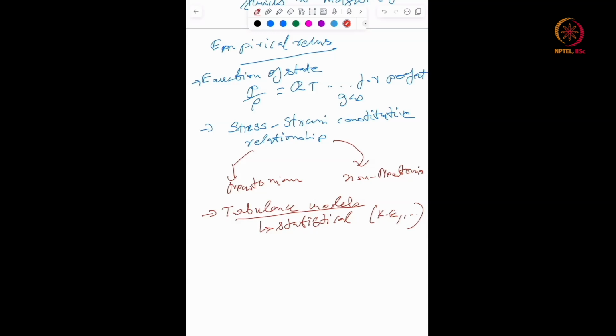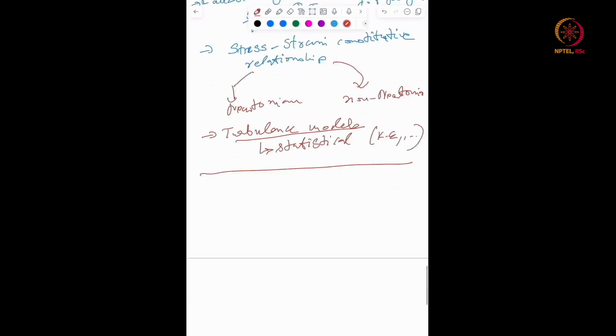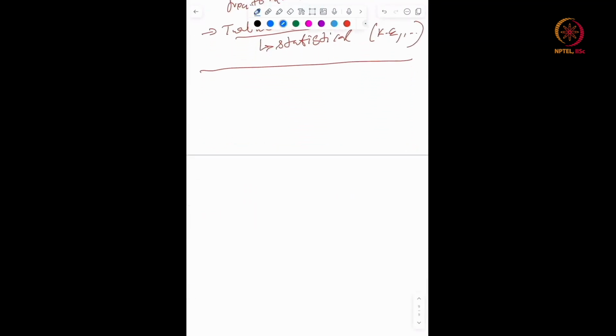So the choice of your analytical approach can be dependent on the type of fluid problem that one is dealing with. These types of fluid problems can be varieties, and that is what we are going to see in the next lecture, the types of approaches to describe fluid motion.